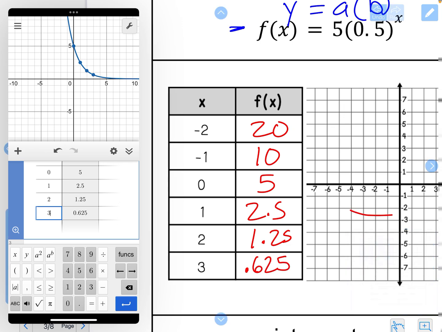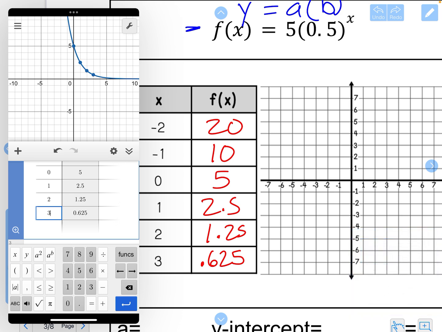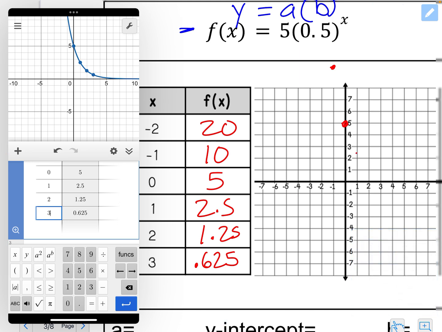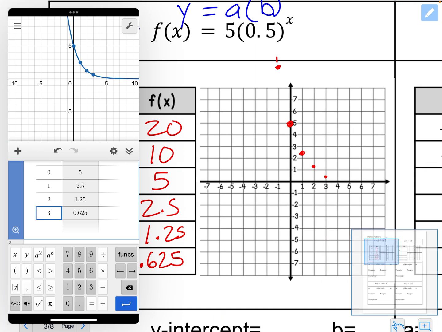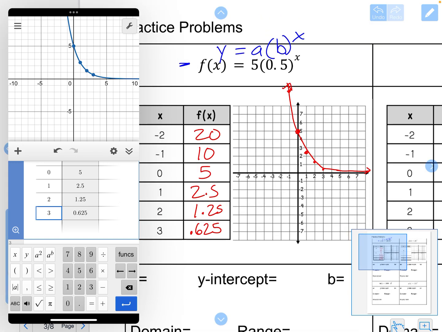So if we start graphing, I can't graph all of these on the graph, but I can graph enough of them. -1, 10 is going to be somewhere up there. 0, 5, 1 is 2.5, 1.25, and then 0.625. So we're going to be going from somewhere up here all the way down, and we're going to get really, really close to that x-axis, but we're never going to cross it.